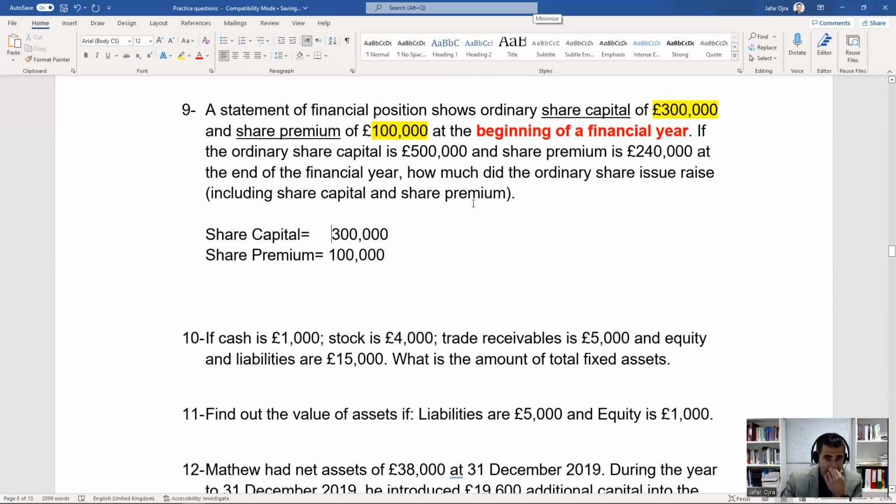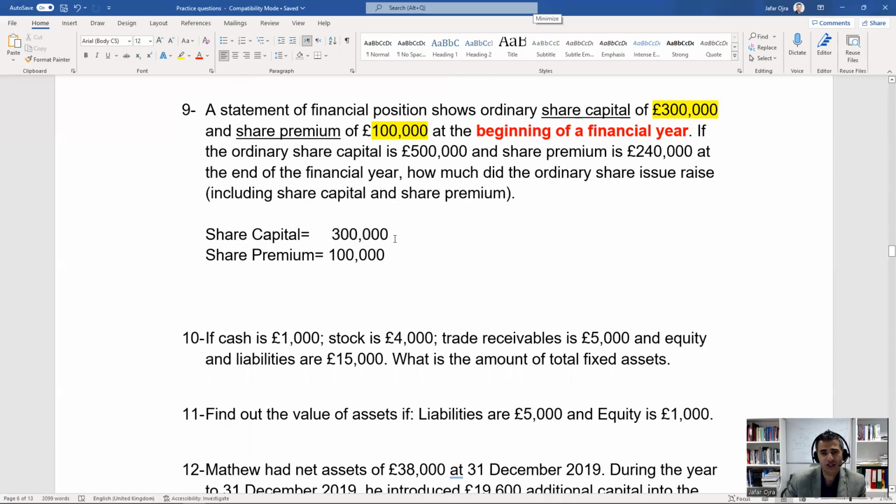If the ordinary share capital is 500,000 pounds and share premium is 240 at the end of the financial year, how much did the ordinary share issue raise, including share capital and share premium? So this is the beginning of the year, right?